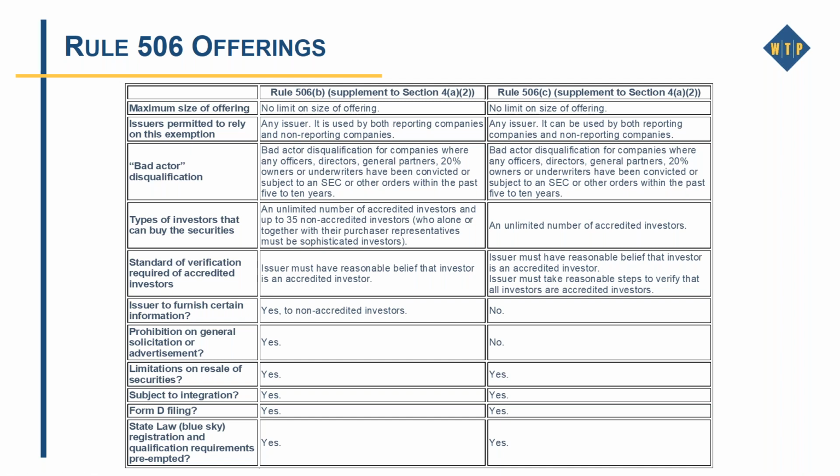There are bad actor requirements under both compliance frameworks. This goes back again to my very first slide, where if you blow securities law compliance, or if you've run afoul of certain other laws and regulations, you might be prohibited from relying on a 506 offering.